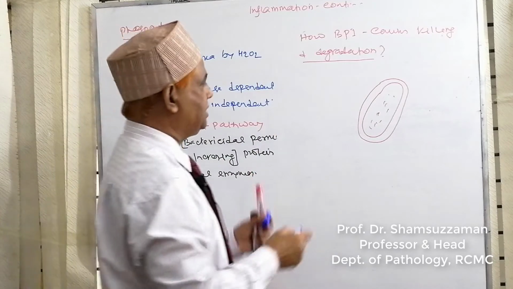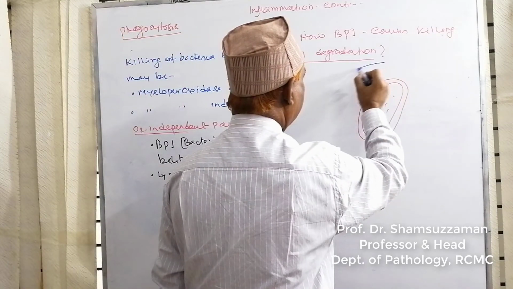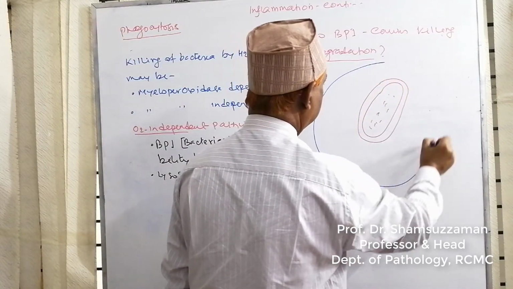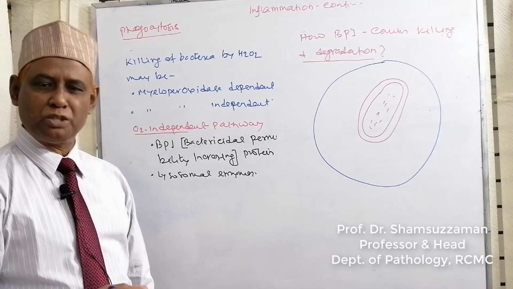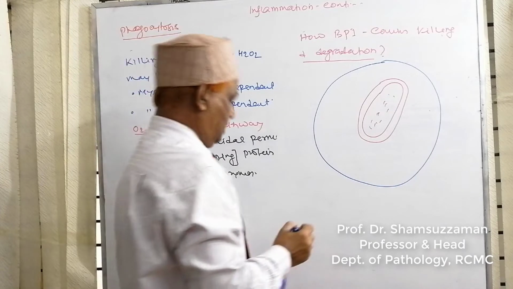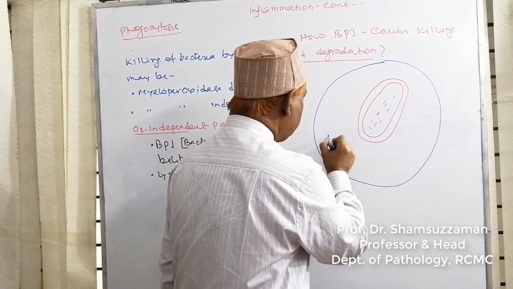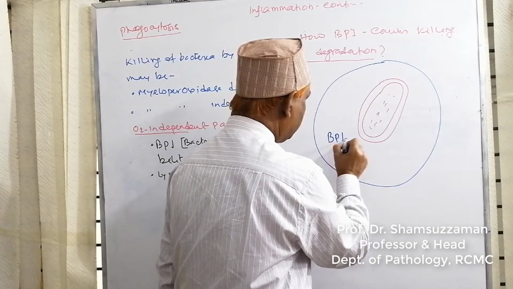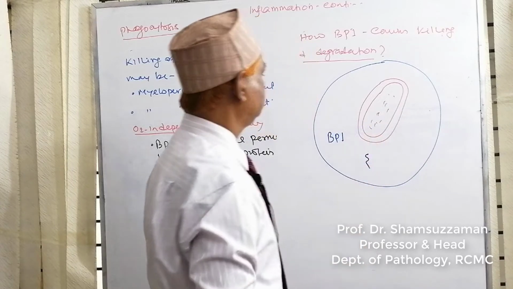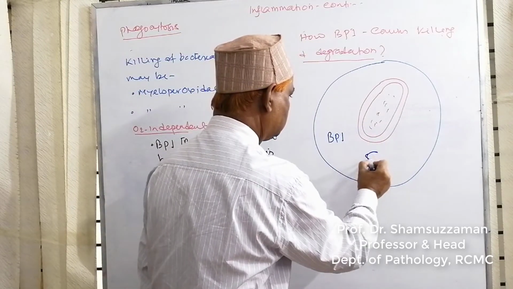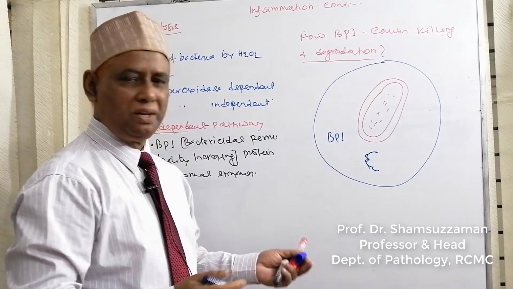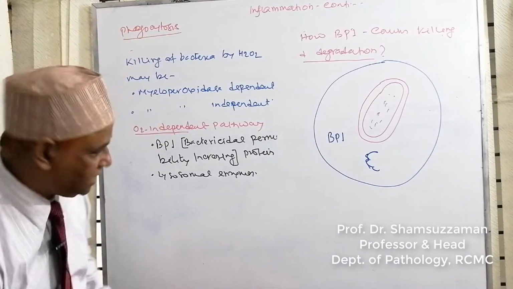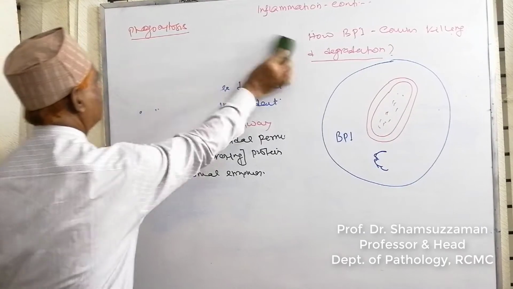Suppose this is the phagocytic cell. It has engulfed the bacteria, opsonized bacteria, and there is BPI protein and there is a nucleus also here.